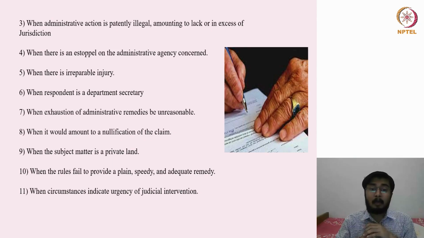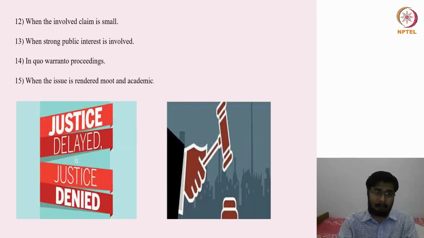When it would amount to a nullification of the claim, when the subject matter is private land, when the rules fail to provide a plain, speedy, and adequate remedy, when the circumstances indicate urgency of judicial intervention, the tribunals must come in and play their role.